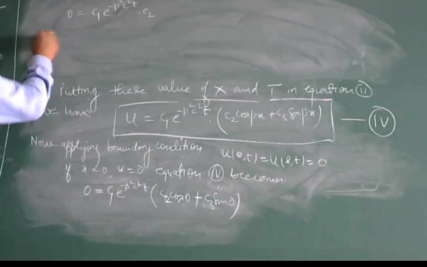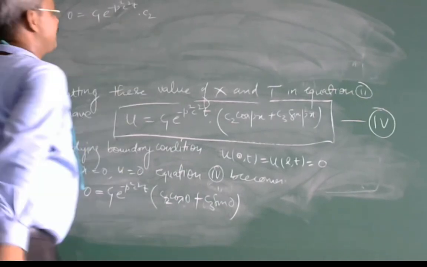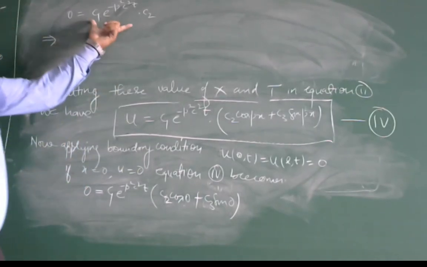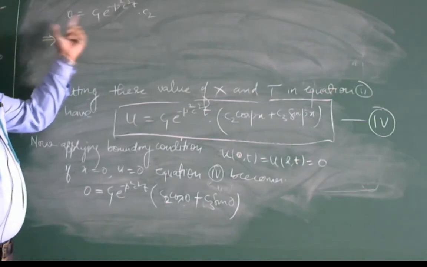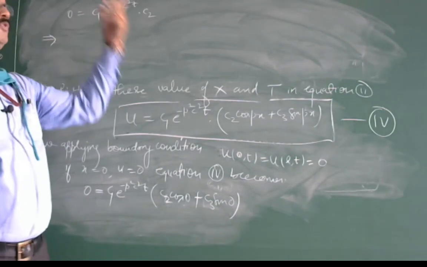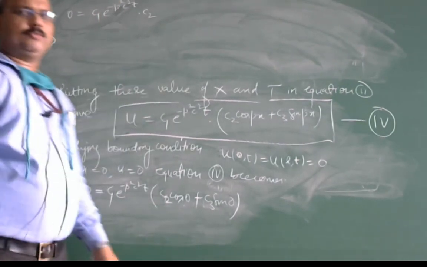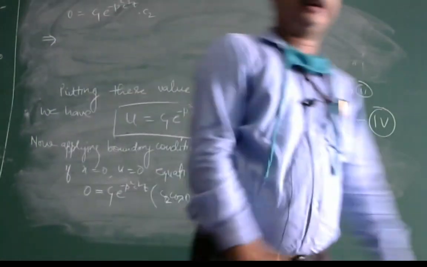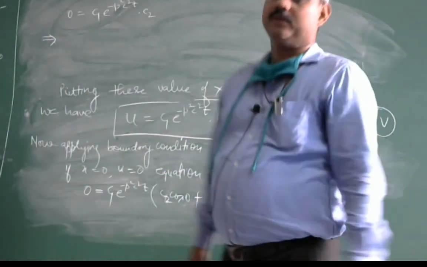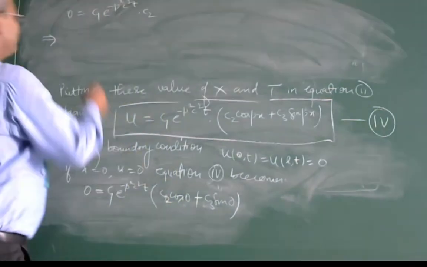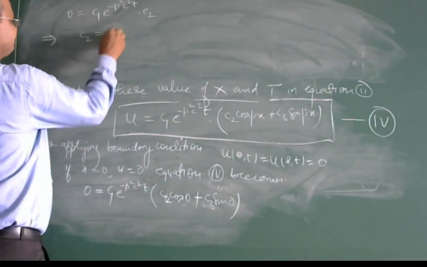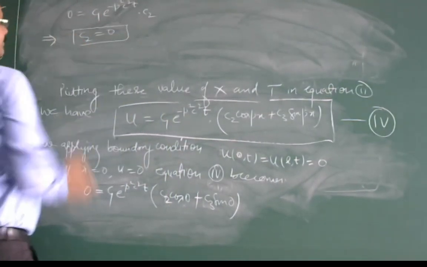So from here you can say that c1 cannot be 0. There are product of these three: c1 cannot be 0, and this cannot be 0, because of temperature. In one dimensional heat flow, temperature cannot be 0. So now from here c2 becomes 0. This implies that c2 becomes 0.